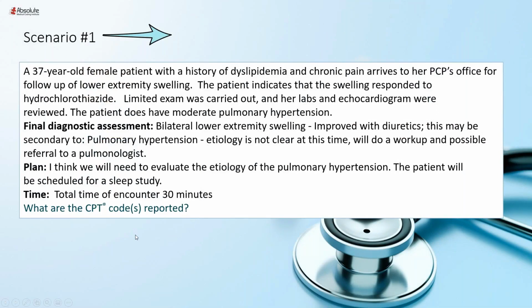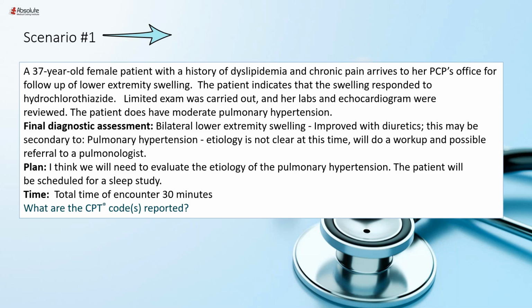A 37-year-old female patient with a history of dyslipidemia and chronic pain arrives to her PCP's office for follow-up of lower extremity swelling. The patient indicates that the swelling responded to hydrochlorothiazide. Limited exam was carried out, and her labs and echocardiogram were reviewed. The patient does have moderate pulmonary hypertension. Final diagnostic assessment, bilateral lower extremity swelling, improved with diuretics.